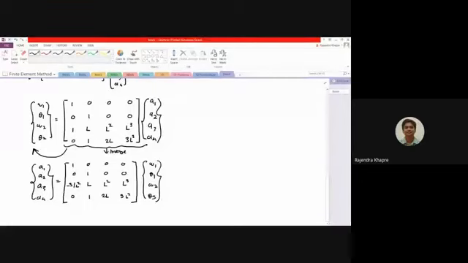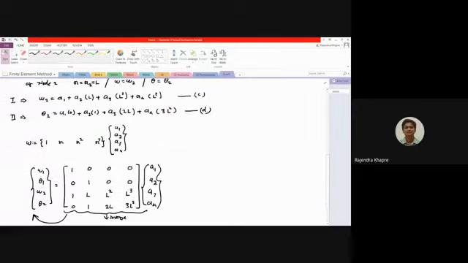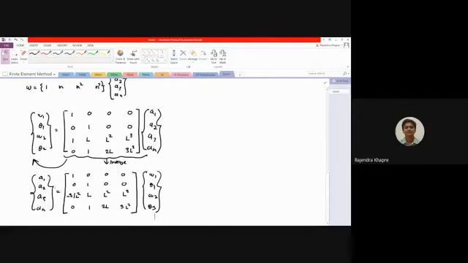This is how the expression can be solved. Now if you refer to the earlier section, we have already expressed the value of w in terms of a matrix, which is 1, x, x square, and x cube multiplied by a1, a2, a3, a4. We did not know the values of a1, a2, a3, a4, but now we have calculated them in the form of this particular expression.